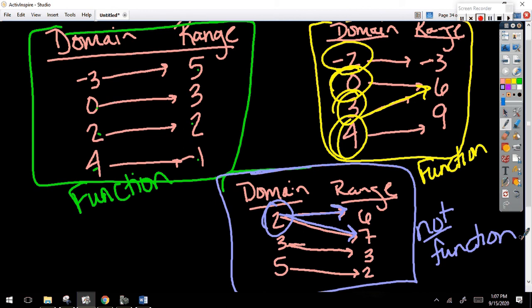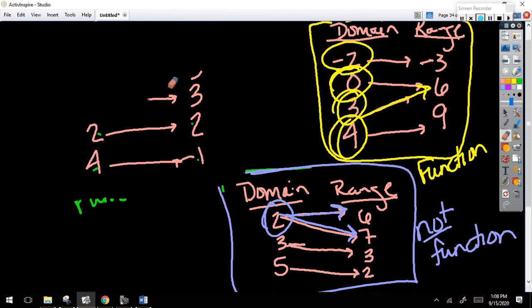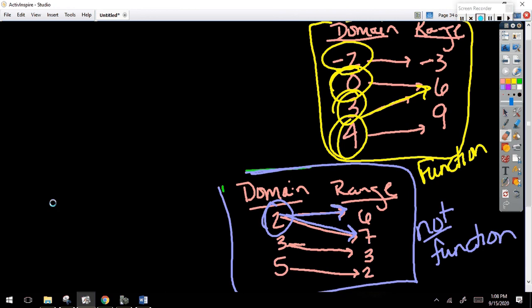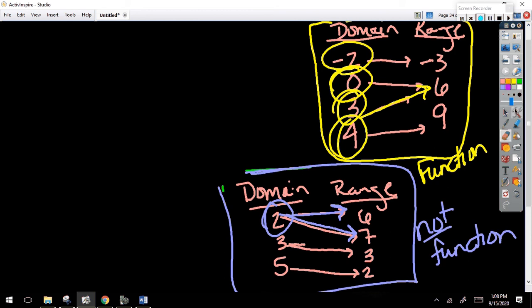Let me take these same numbers and show you in a T-chart, because then that's a whole other thing. So this is mapping. I'm going to take these same numbers and change them to a T-chart. You know the difference in a mapping chart and a T-chart, right? Yes. So a T-chart's going to list every single point.